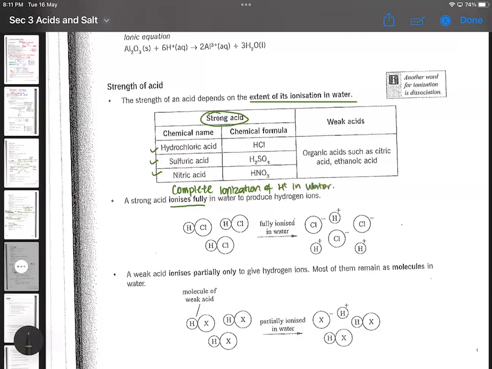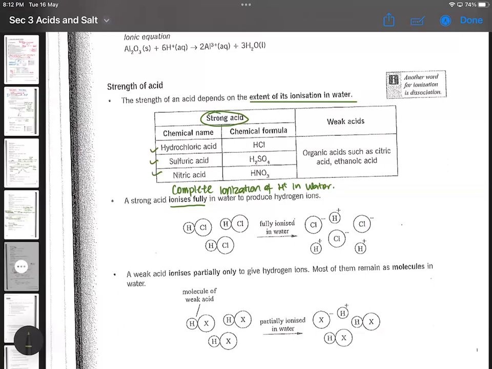Sometimes this is the narrative that school uses. So you can see over here, as a sample, we have 3 HCl molecules, and the molecules fully ionized, all of them ionized to give you H plus ions.